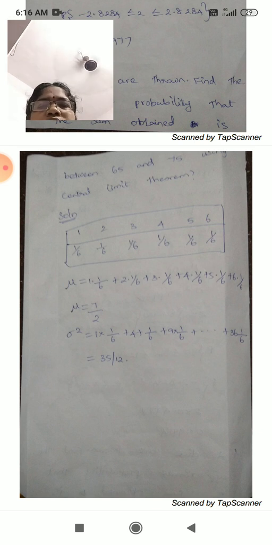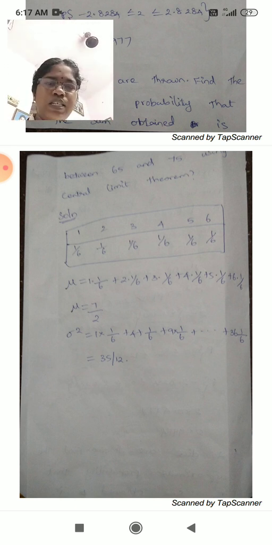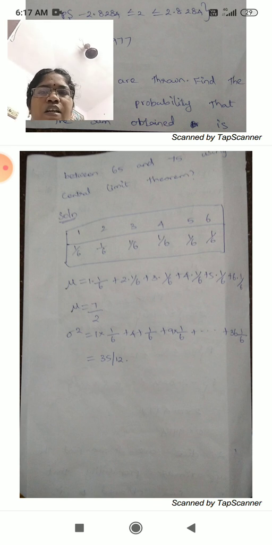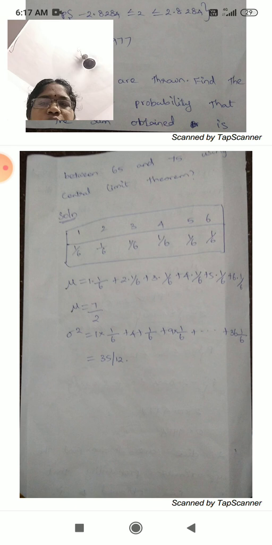Mu equal to summation x into p of xi, equal to 1 into 1 by 6 plus 2 into 1 by 6 plus 3 into 1 by 6 plus 4 into 1 by 6 plus 5 into 1 by 6 plus 6 into 1 by 6. We simplify this, therefore the answer is 7 by 2.